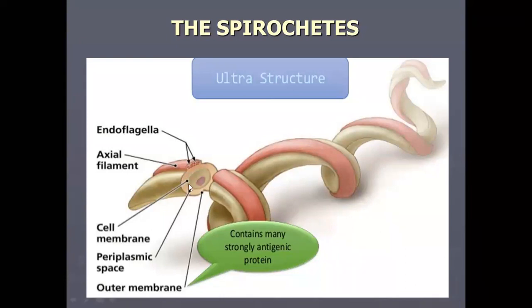They are spiral-shaped microorganisms, and their makeup is different compared to that of gram-positive or gram-negative microorganisms. Before we move on to the specific genus or species of this group, let's try to understand the structure of this organism.